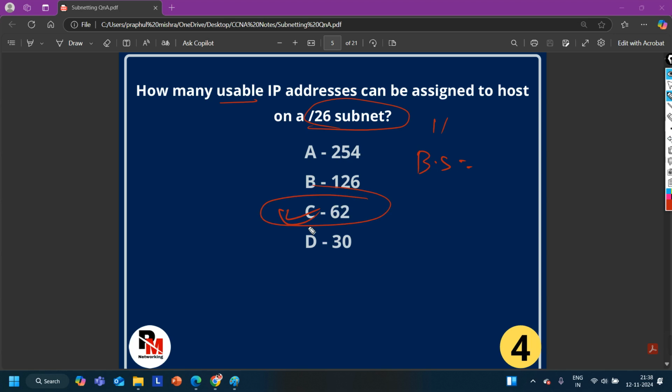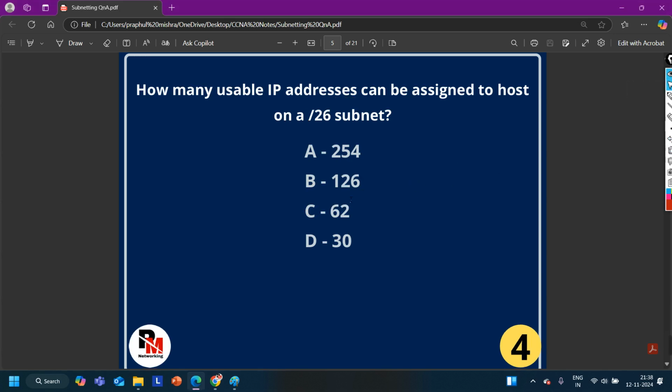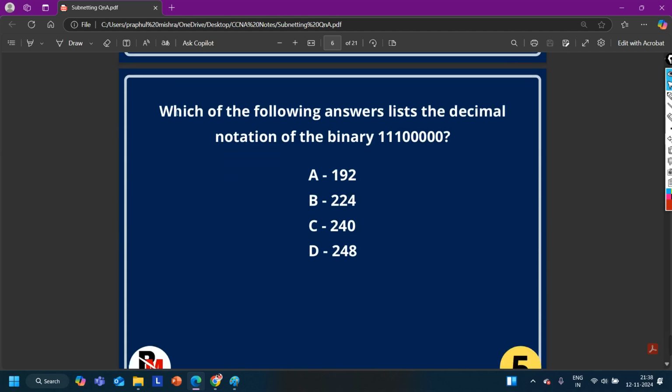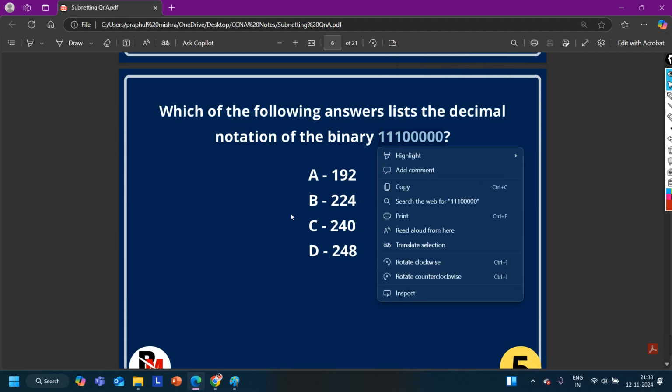Are you sure with C? No, it will be 2 to the power minus 2. Then this is an easy question, it is asking for the value, binary to decimal.